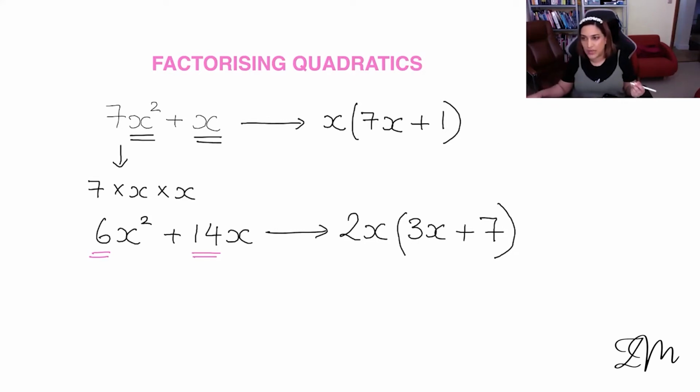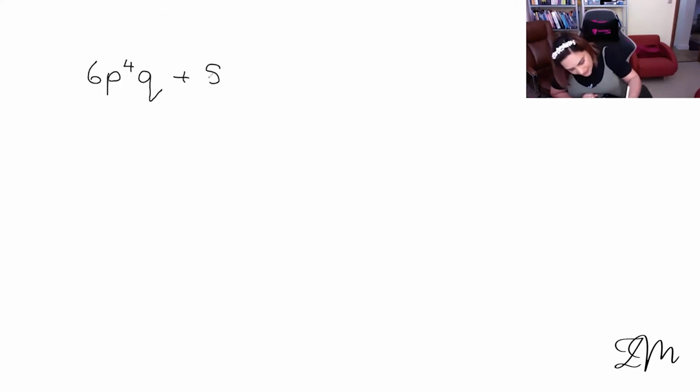Right, so now let's take something a little trickier that we might need to think about a little more because we've got some more letters involved. Let's take 6p to the 4 q plus 8p cubed plus 10p squared q.